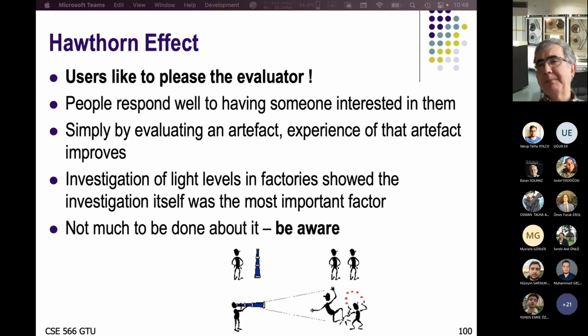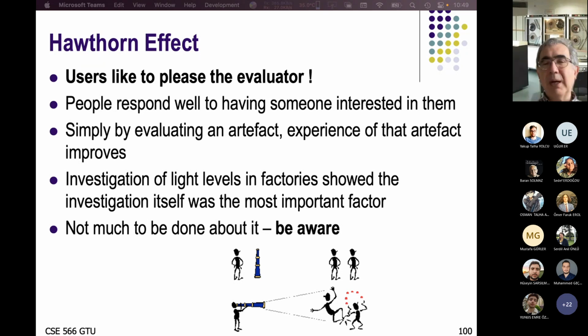Okay, in this lecture, I will be talking on evaluation methods. Again, I will continue in evaluation methods, and then I will switch to prototyping and how to make prototypes, etc. One interesting factor is the Hawthorne effect. When you are doing experiments, just because you are doing experiments, people like it.